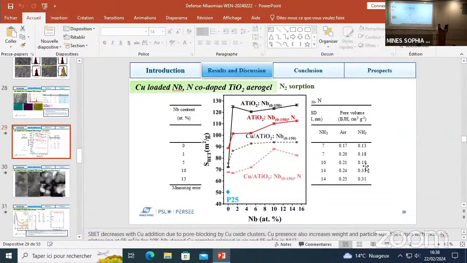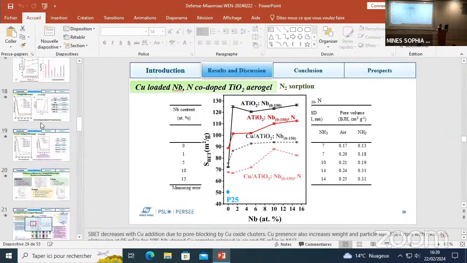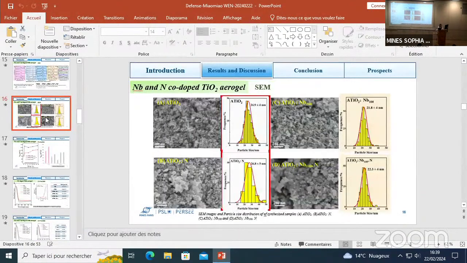And in fact, the particle size seems to be the same. For the crystal size, it's basically the same. And for particles, you determine using TEM, there are no great differences between all the particles.